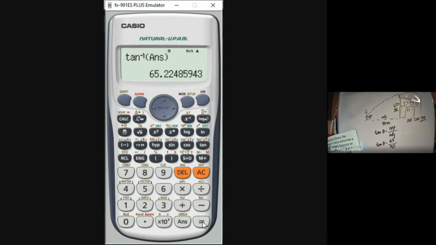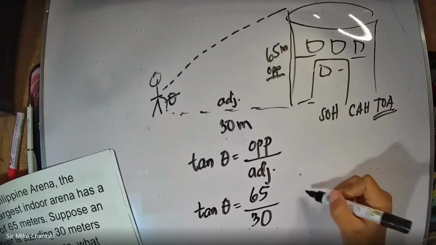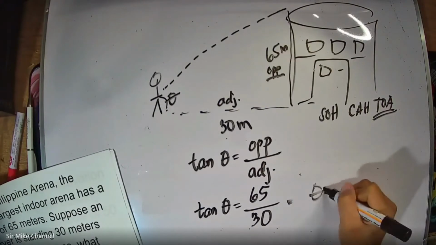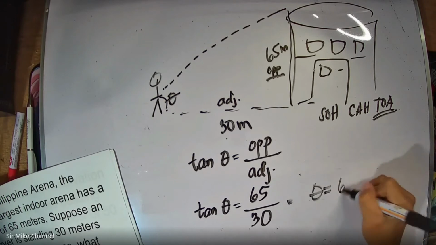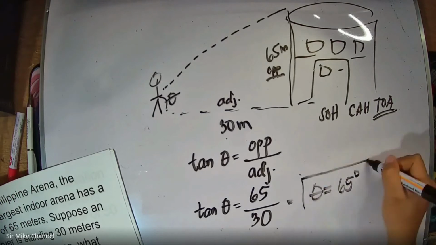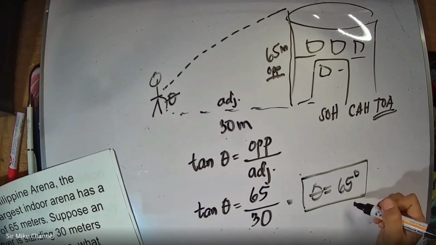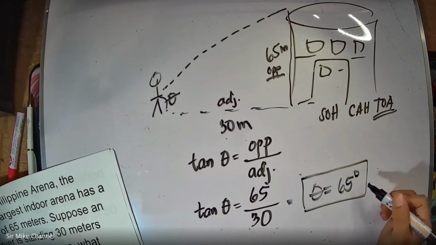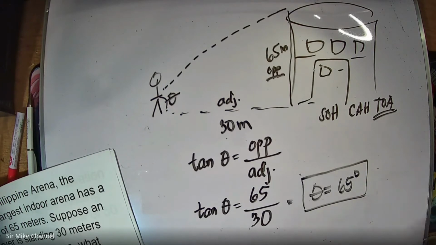We get 65.22 degrees. We take the whole number, 65 degrees. So our theta here is 65 degrees. This is the final answer. This is the angle of elevation to the roof of the arena. Example number 3.